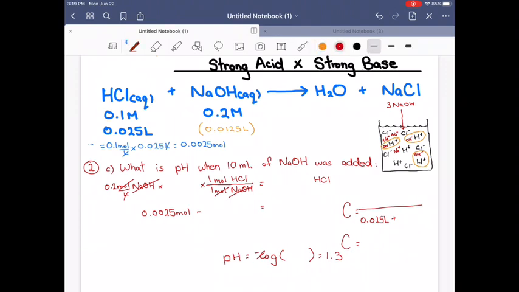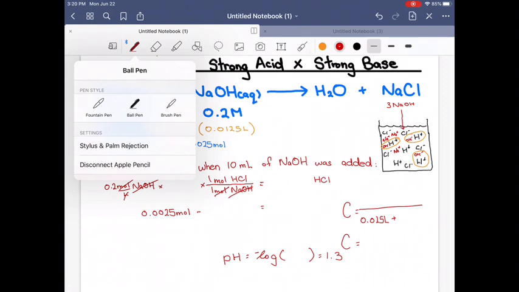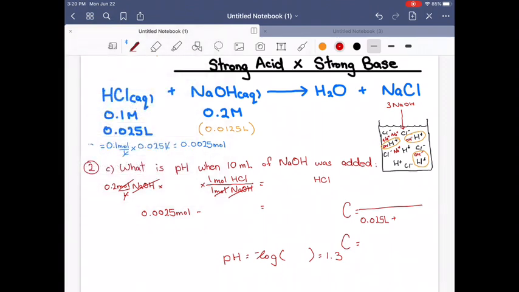Okay? So I want to know, again, how much NaOH, in moles, will react with HCl. All right? So let's do the same thing we did before. So 0.2 molar of NaOH times 0.01 liters. Liters cancel. The ratio of NaOH and HCl is not going to change.